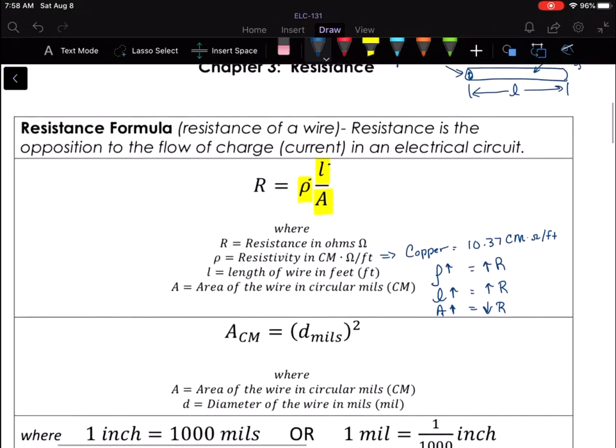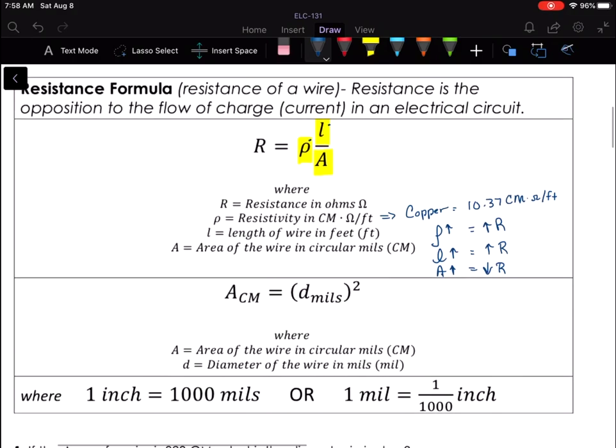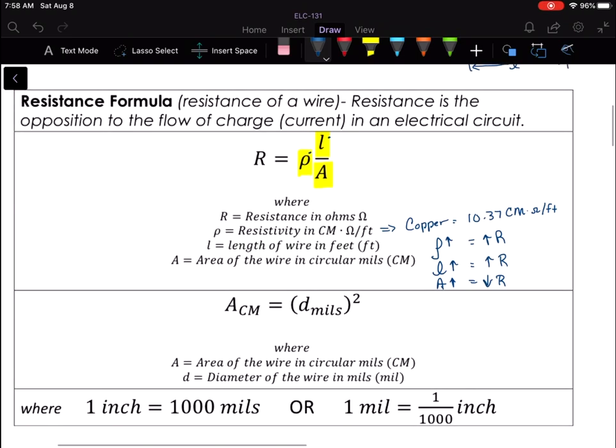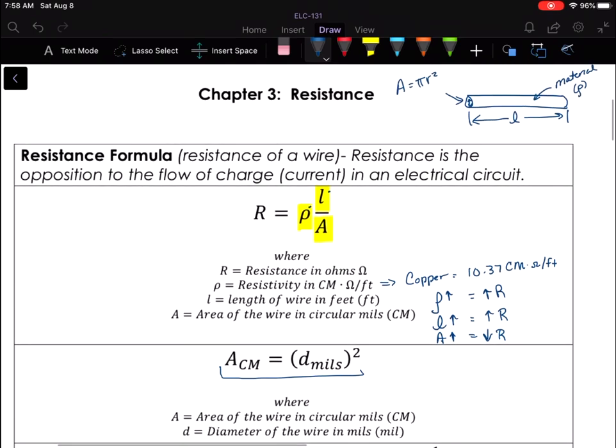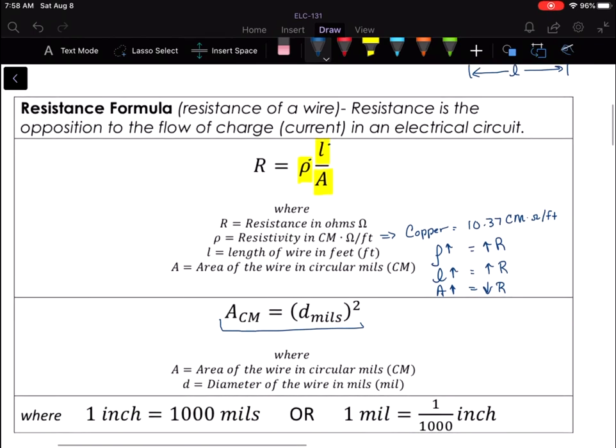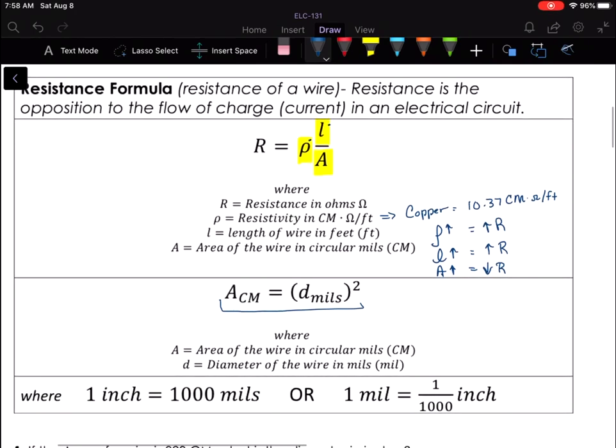Okay, so let's go back to our discussion of area. Area we're going to calculate in a slightly different way from what you're used to, and that is by squaring the circular mils. Now, the circular mil has something to do with that pi r squared that we talked about before.